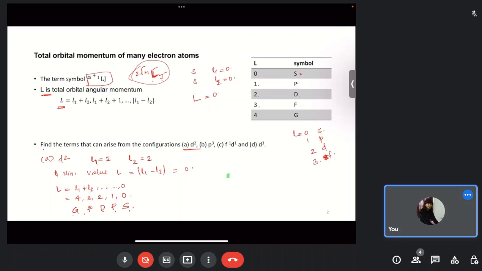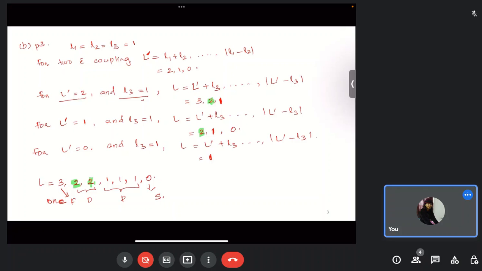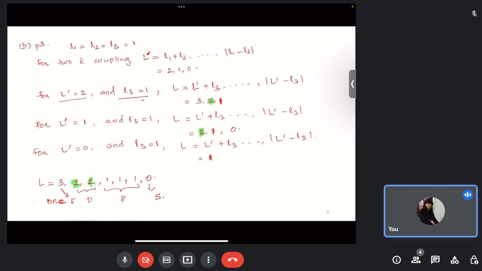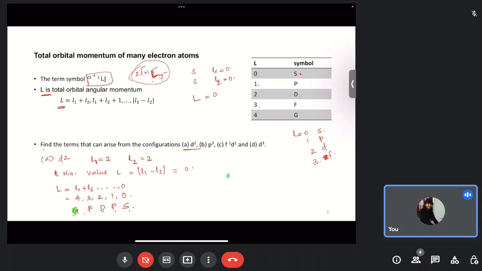If we have two electrons, we consider one of the L values to be L1, the other to be L2, and depending upon the electronic configuration, we can get different term symbols. For a particular configuration we can have different term symbols associated with it.